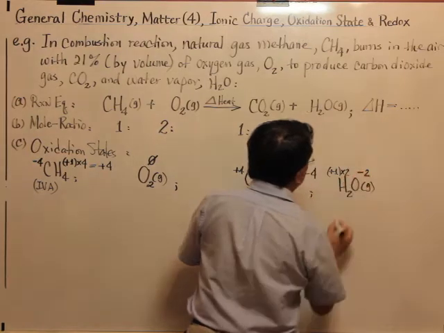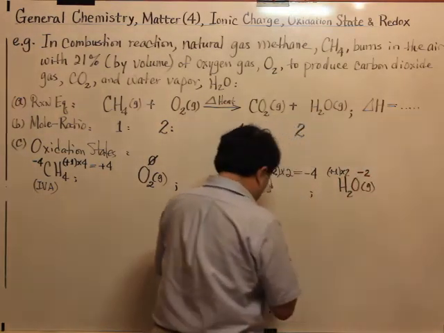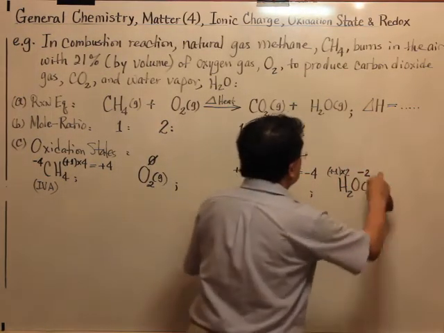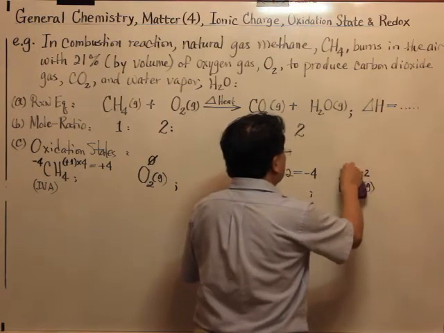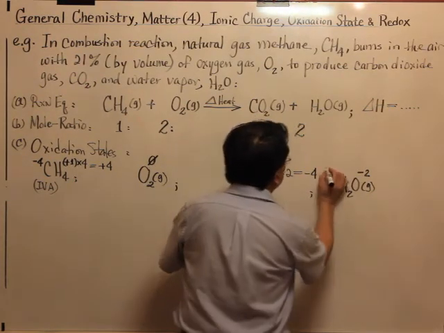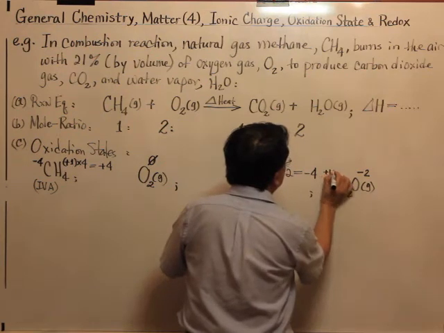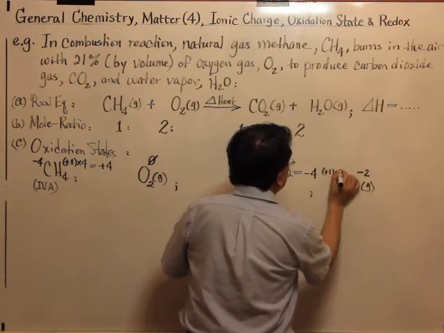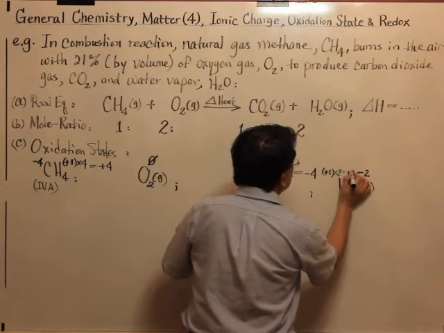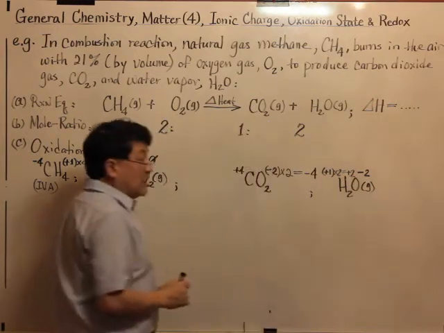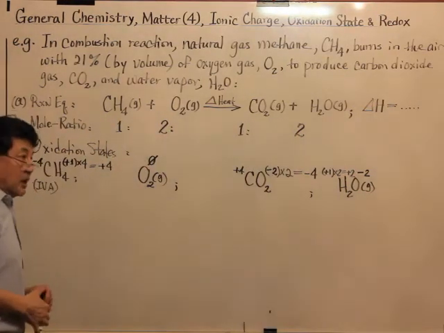But you got 2 of them. Let's rewrite it, and it's going to be a little bit clearer. Here, too crowded. All right. So if you have +1 for each, and then you multiply by 2, that gives you +2. Now +2 and the -2 gives the water its neutrality as a 0.